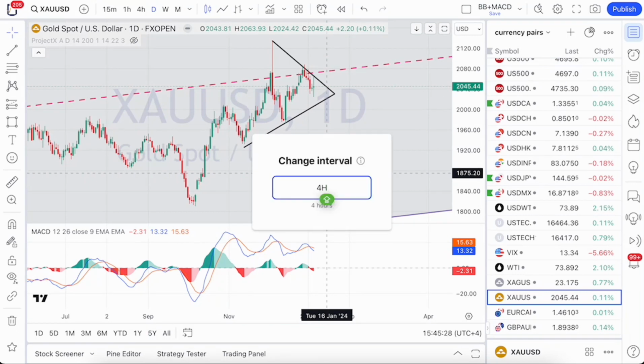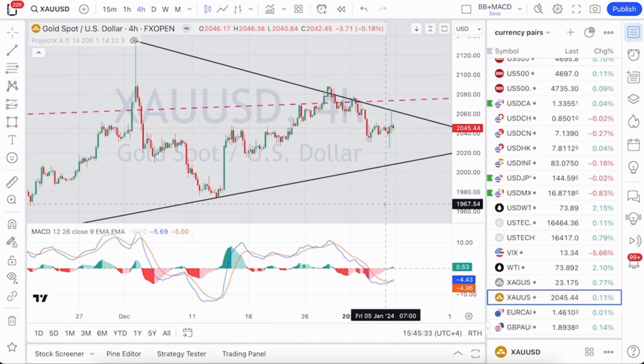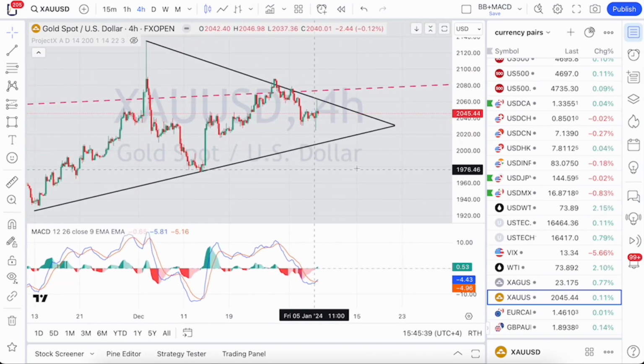Moving on to 4H. So again we have lower low formation with continuing bullish divergence, which means short-term pressure to the upside.